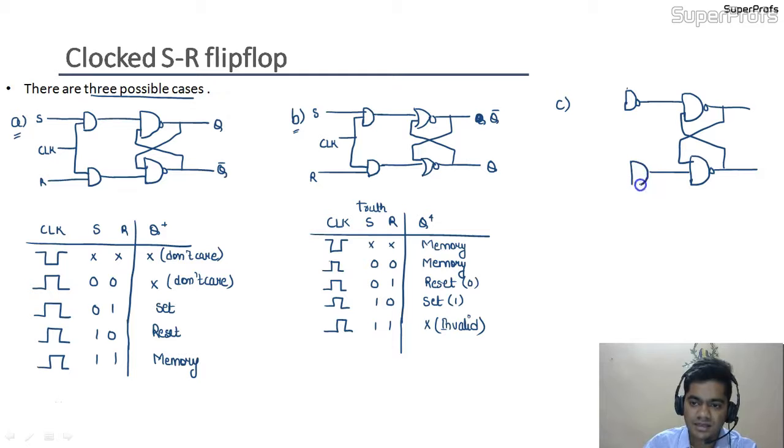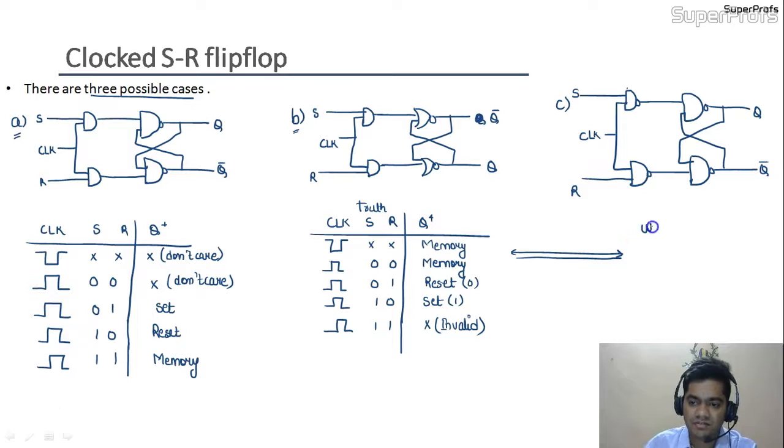So if we are passing a clock pulse using the NAND gates, this is our clock pulse, this would be our input S, and this would be our input R. Now if we are taking Q and Q bar as output, we are having this same table. So you can mark an equality sign.